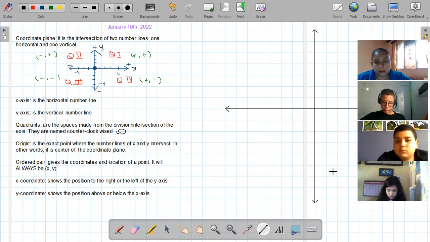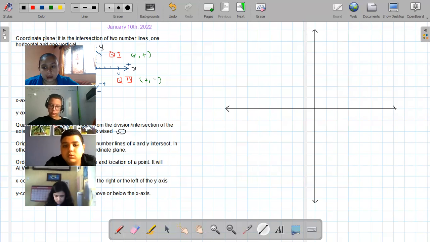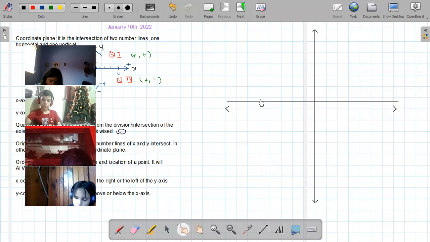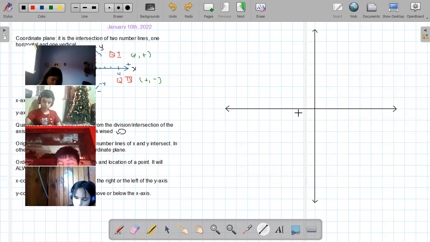What does that mean? It means that I don't want you guys to be drawing lines, for example, there. It cannot be there because that's not on top of the line. So it cannot be over there. It has to be on top of the line of your grid paper. Now, every single square is a unit.